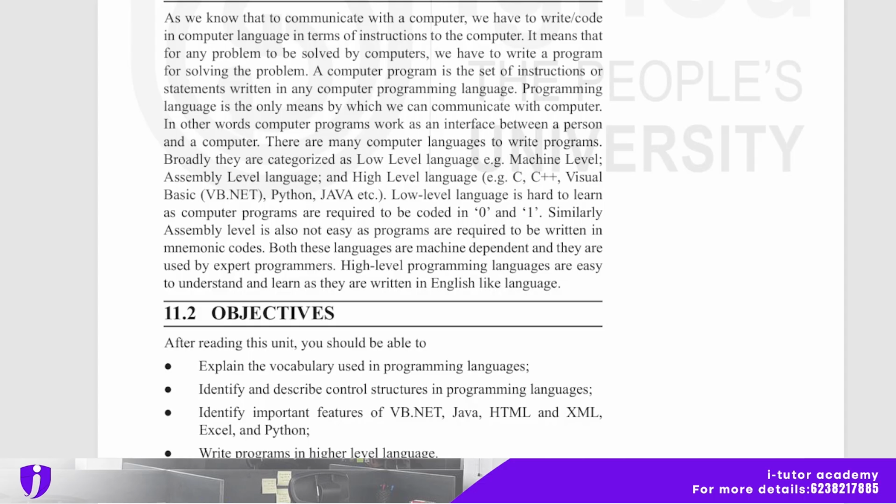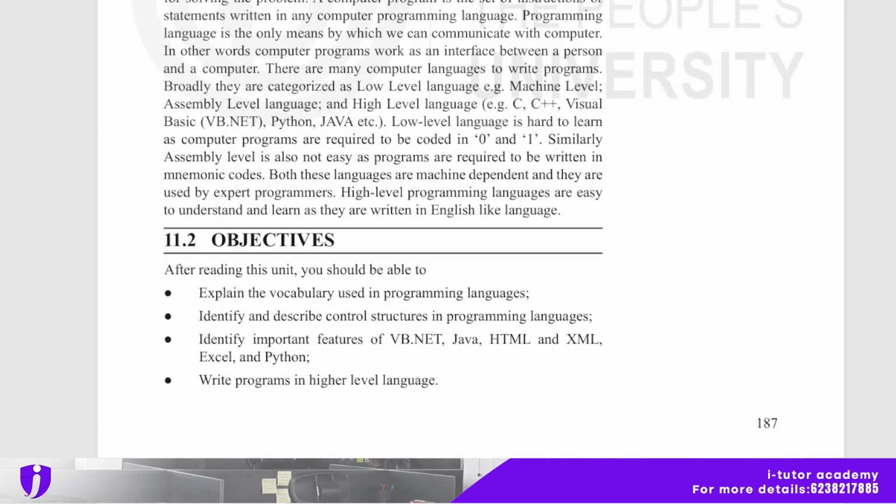There are many computer languages to write programs. Broadly, they are categorized as low-level languages, for example machine level and assembly level language, and high-level languages, like C++, C, BASIC, Python, Java, which all of you may know. All these are common computer languages. Low-level languages are hard to learn.